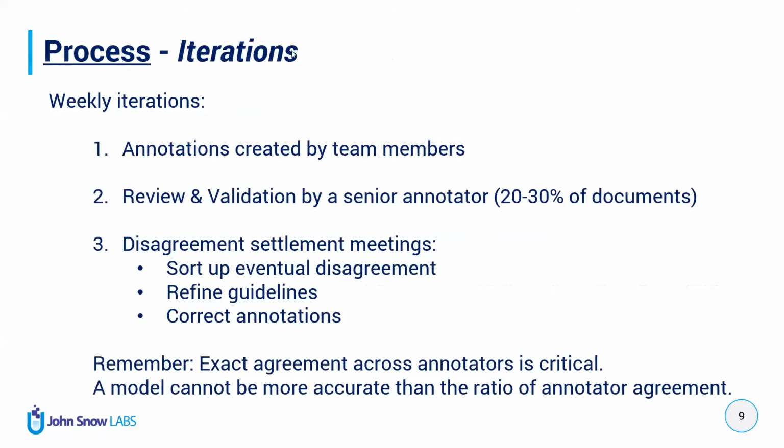As I told you before, first we have annotations which are created by the annotation team. Then they are reviewed and validated by senior annotators, and we have disagreement meetings to sort out the disagreement and to refine the guidelines, and then go back to the previously annotated documents and correct them if necessary.